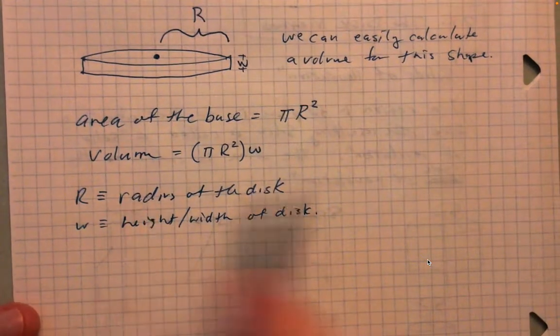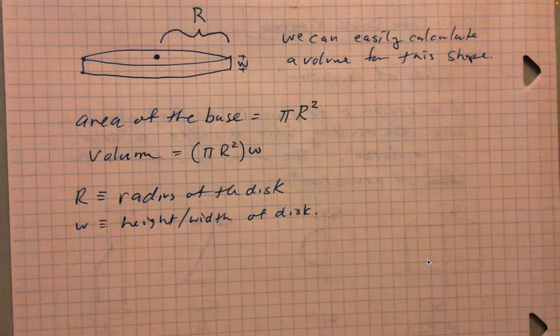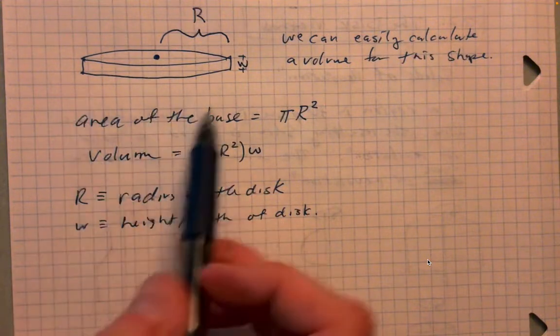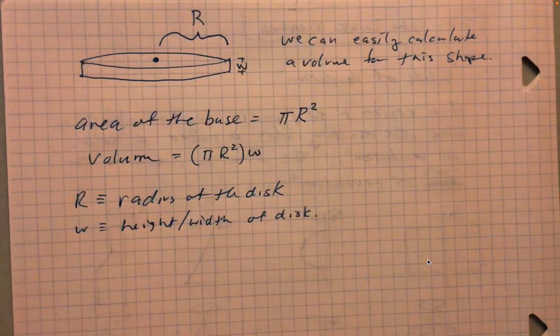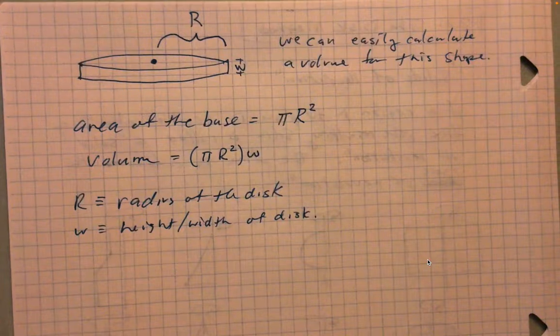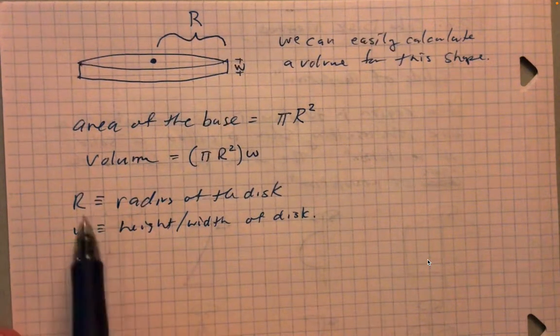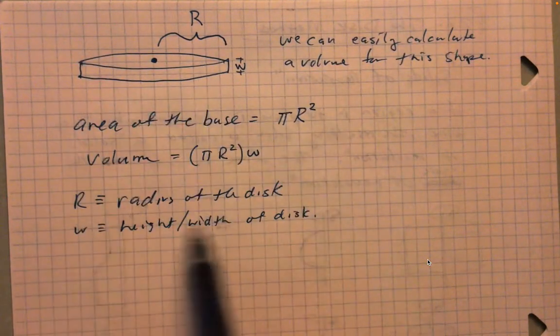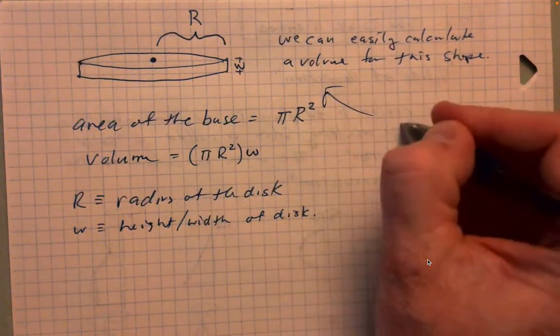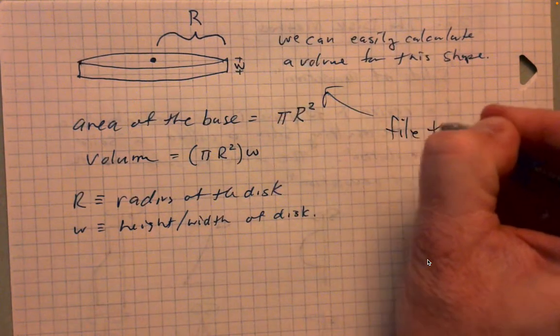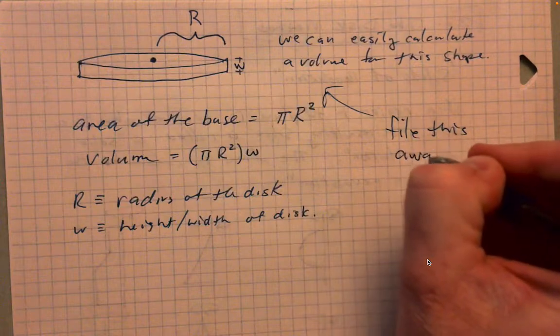And to some extent, height or width, it's irrelevant which one you choose, just so long as you know what you're talking about. Okay, it's the dimension perpendicular to the circle that's formed by the base. Okay, so now keep this in the back of your mind, file this away for a moment, and we'll come back to it.